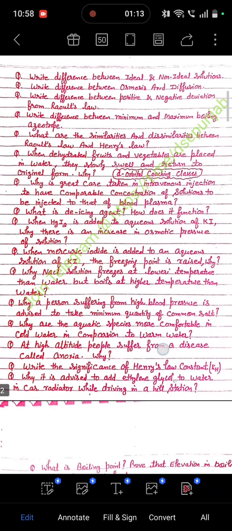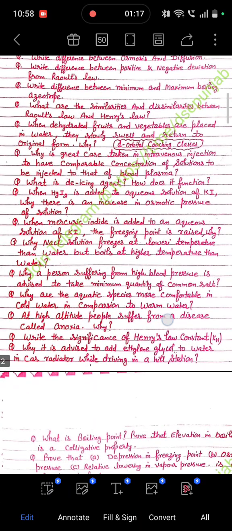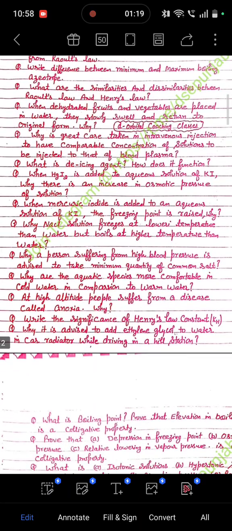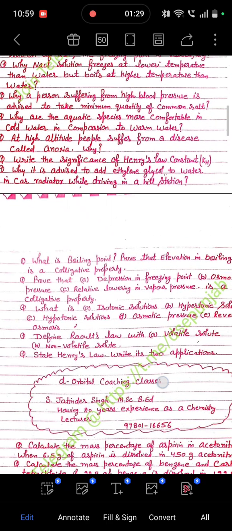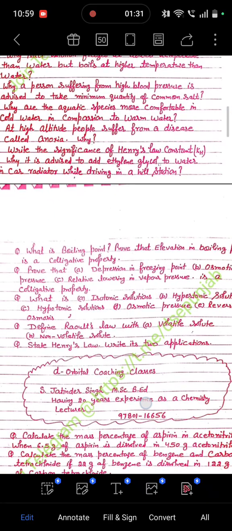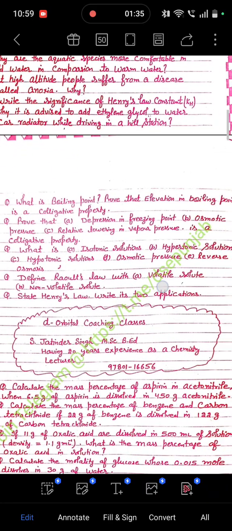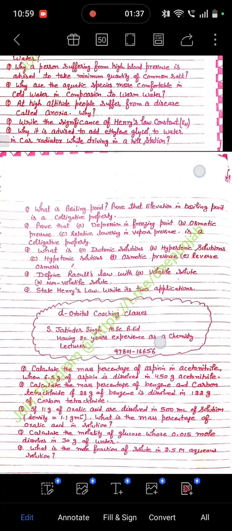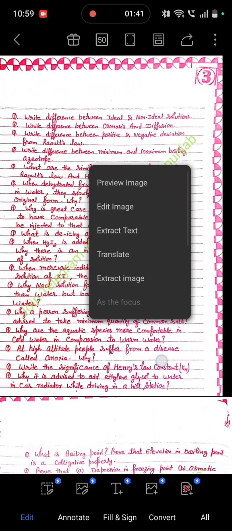Almost all the questions are important, and they write the significance of Henry's law constant and Raoult's law. These are the most important, but every question given here is important. You can take a screenshot and solve them.